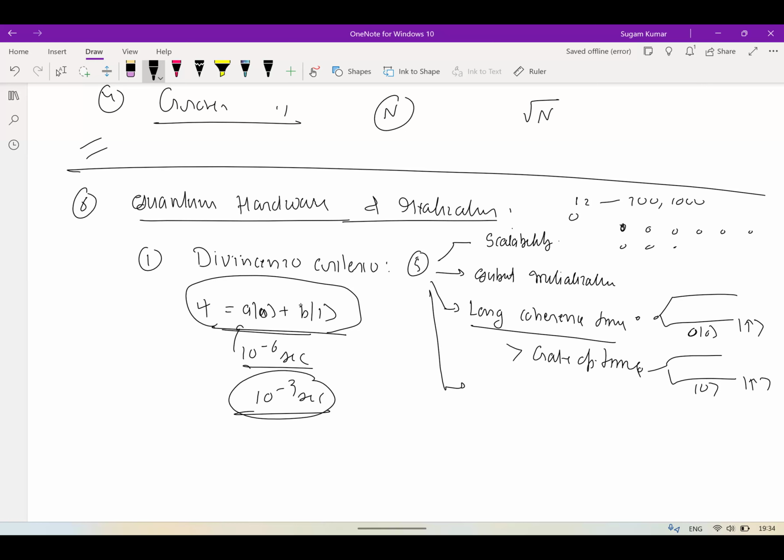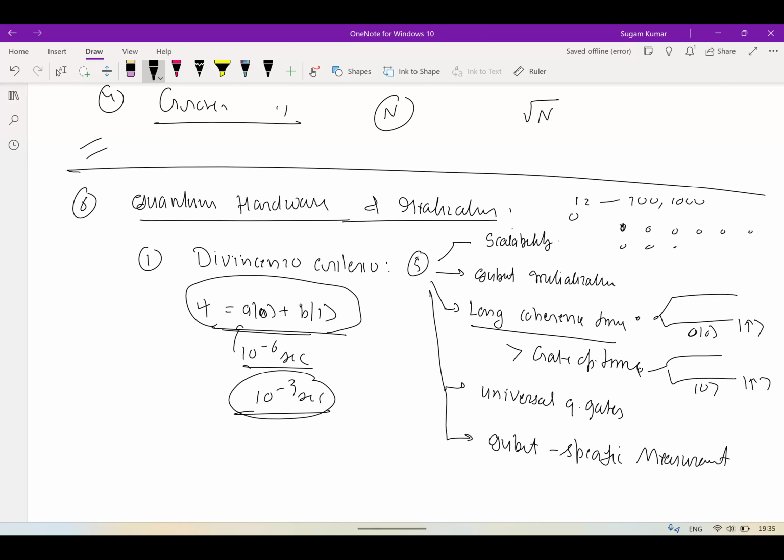The fourth one means you must have a large number of qubits or gates so that you can make universal quantum gates. And also your system must have the capability of qubit specific measurement.